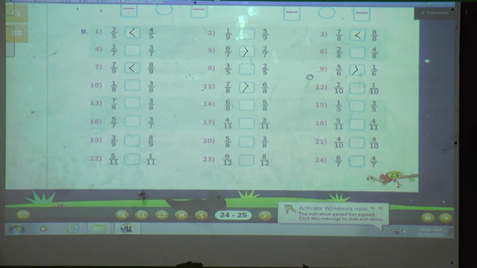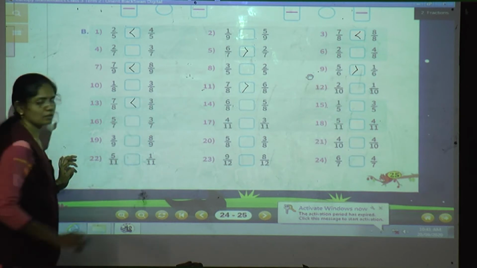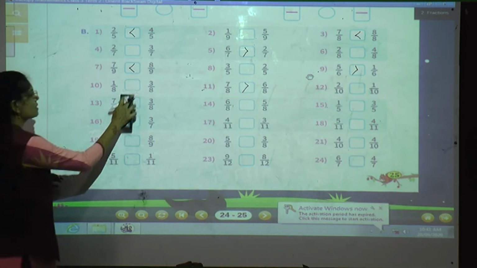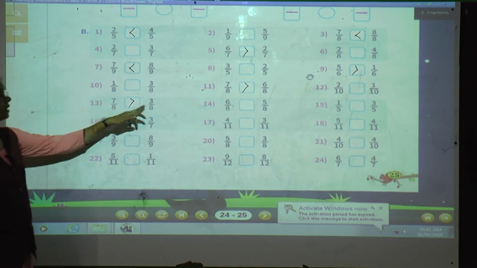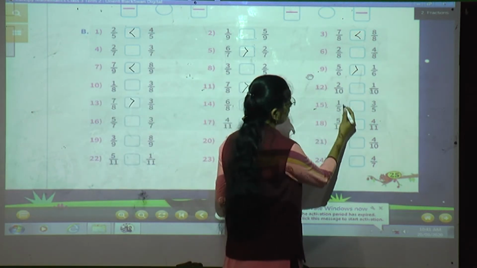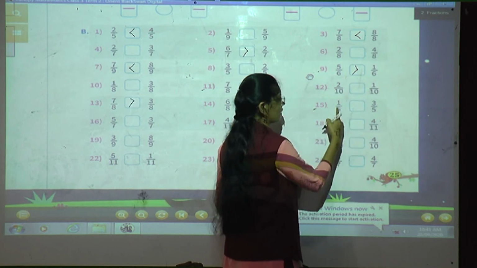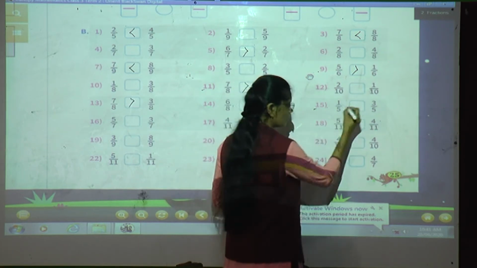Then see the 13th one. 7 by 8 and 3 by 8. Now you have to tell me which one is greater. Yes, 7 by 8 is greater than 3 by 8 because 7 is greater than 3. Now see this 15th number. 1 by 5 and 3 by 5. See the numbers 1 and 3. Which one is greater? 3 is greater.